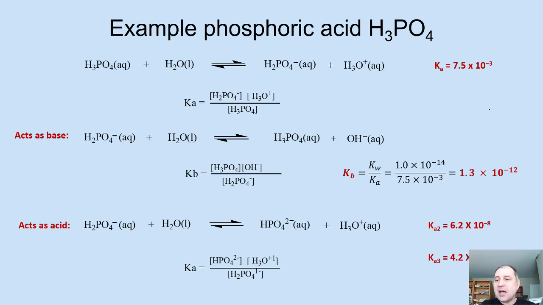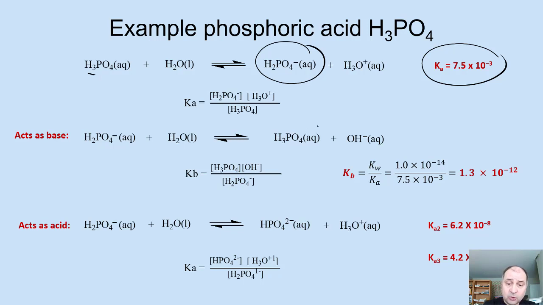So the first ionization constant here, Ka, of the first proton in phosphoric acid, which produces a conjugate base, if the conjugate base acts as a base, this is not the reverse reaction, but in a way it is connected because it produces phosphoric acid, which is the origin of the proton in the first place.